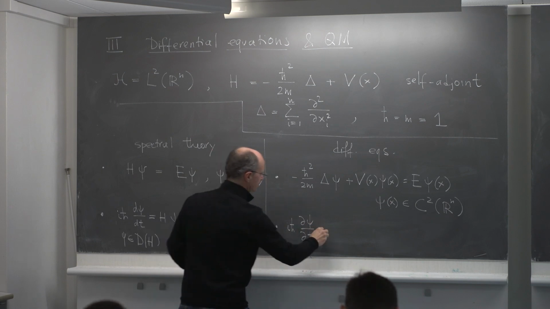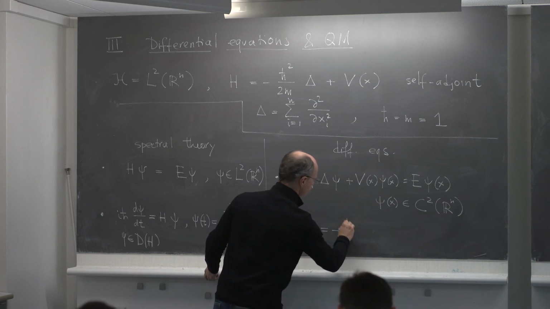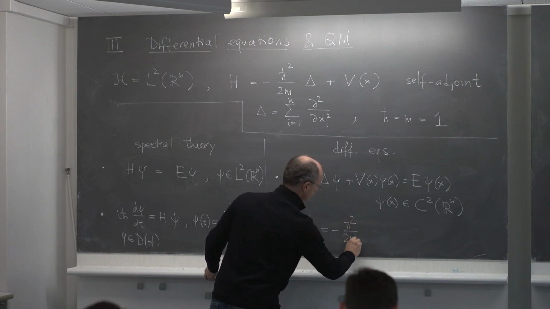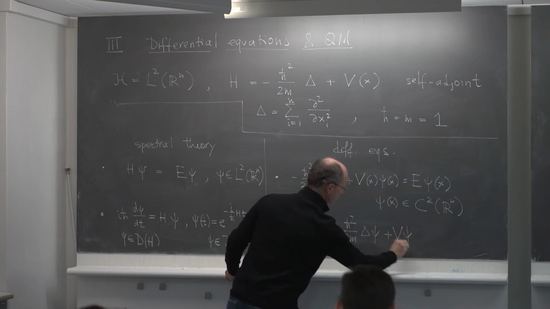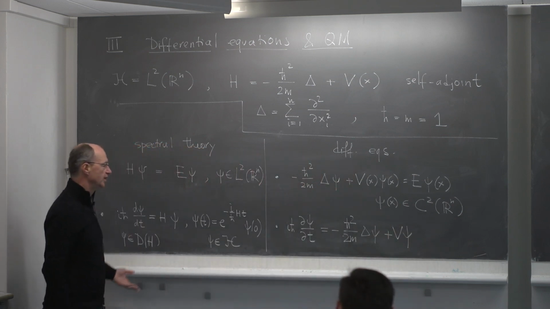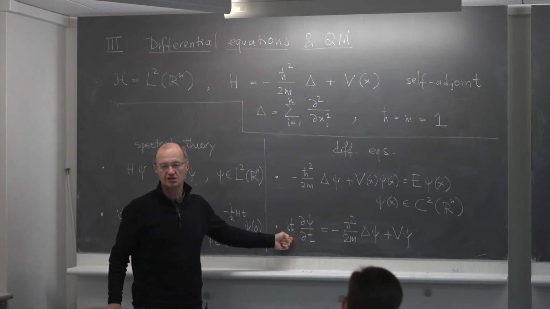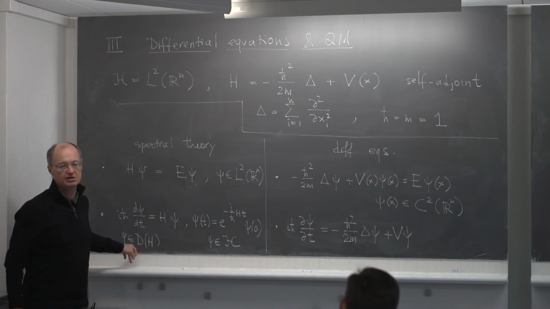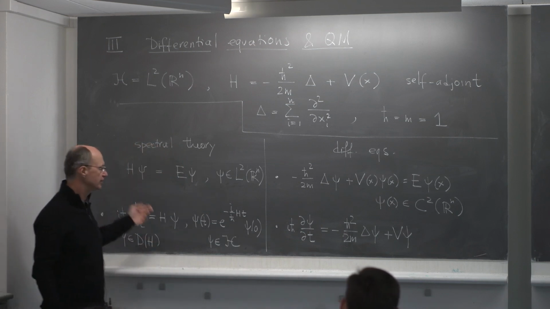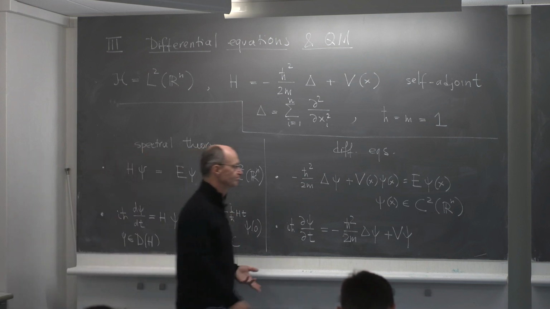Now if we write down this equation, we'll get the following PDE. And again, what's the natural place where this PDE lives? Well, it doesn't know about any domain of H. A priori, it doesn't know about any L2.